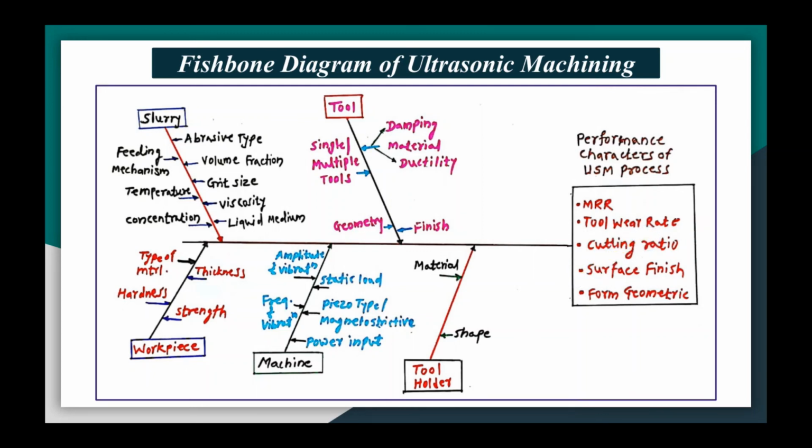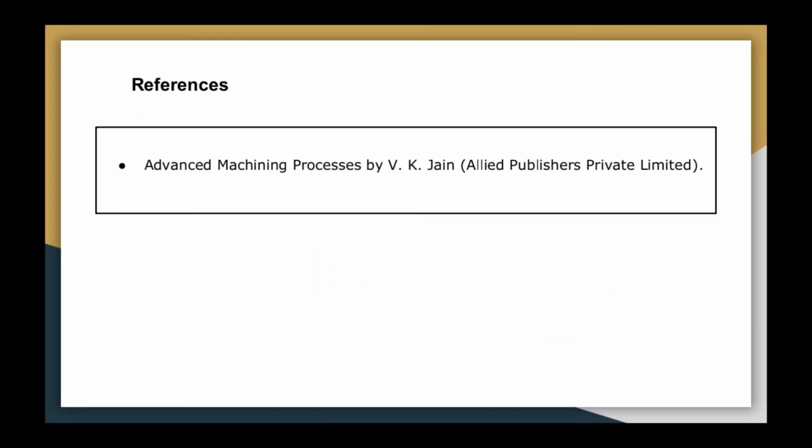Okay, and another performance characteristic is the surface finish and the form of geometries. Okay, so this point we need to consider, and this is a reference through which I have taken the slide material. Okay, so the remaining part of this ultrasonic machining we will see in the next lecture.